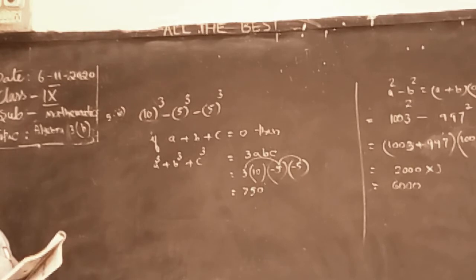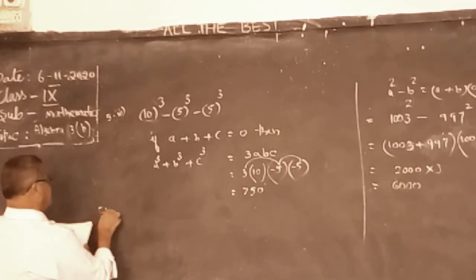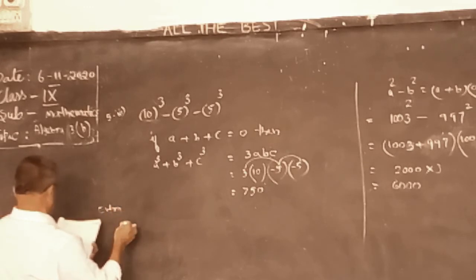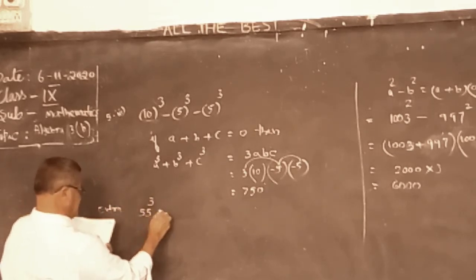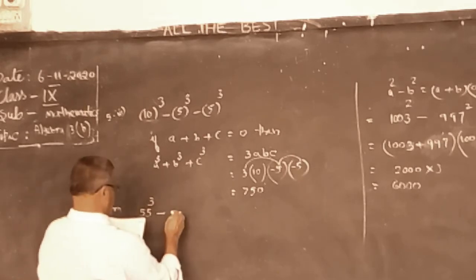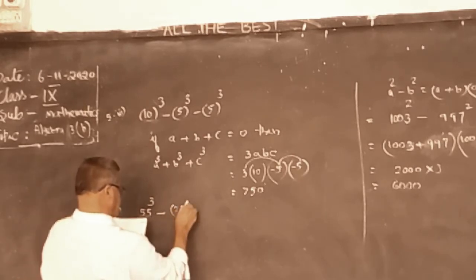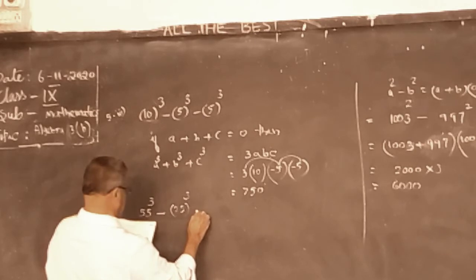So please practice the formula. And one more extra example is given: 55 cube minus 25 cube minus 30 cube.